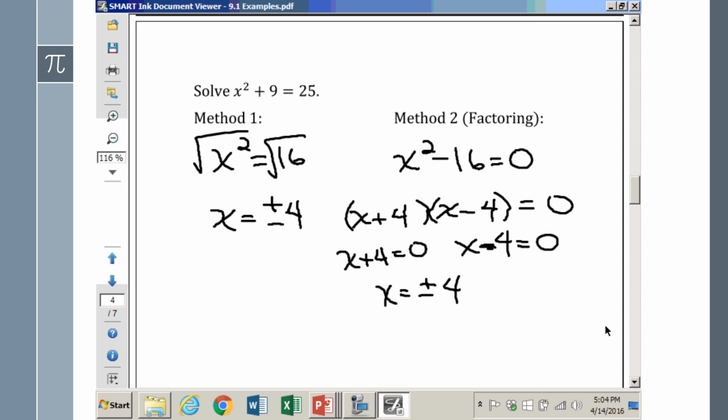Both methodologies work well, especially if you're unfamiliar with your perfect squares and you need to do some factoring work. Depending on what happens with either situation, you should not have any problem learning this method.